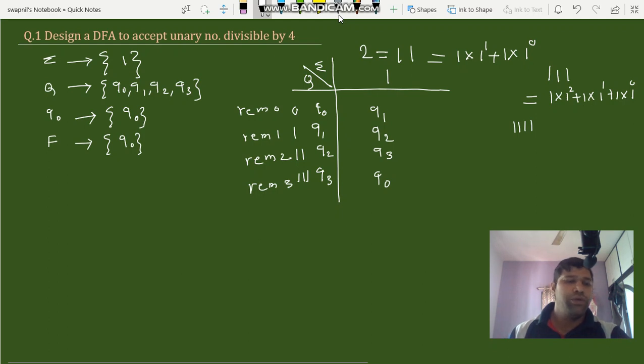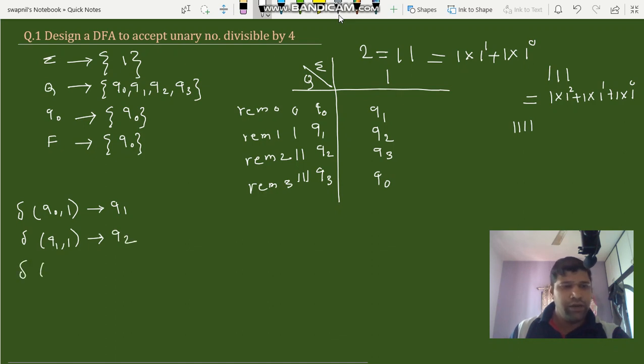Now we should also write the transition equations for this problem. We'll write delta of q0 with input 1 generates state q1. The next, delta of q1 with 1 generates state q2.